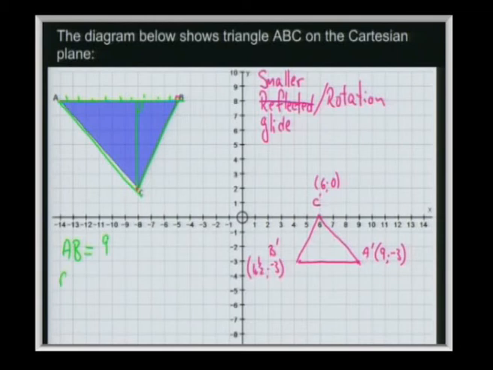The altitude would be 1, 2, 3, 4, 5, 6 units. So what is the area of triangle ABC? Well, that's a half times 9 times 6. And yep, you all got it right: 27 square units.